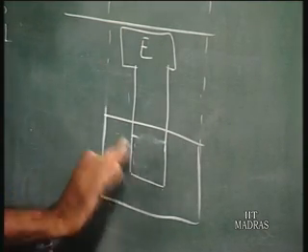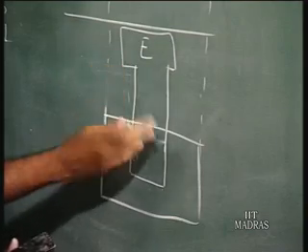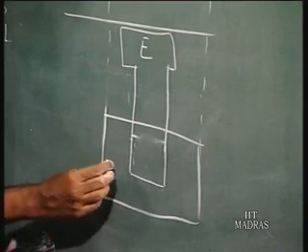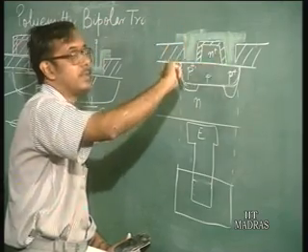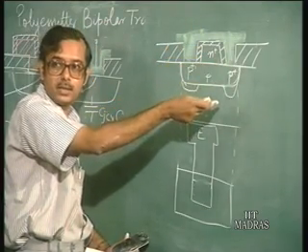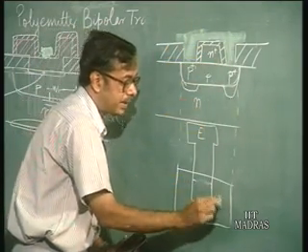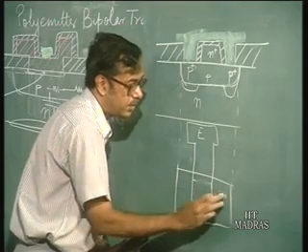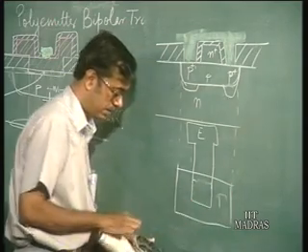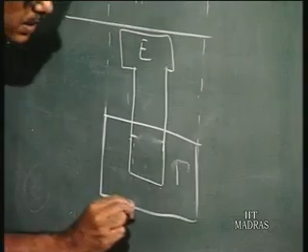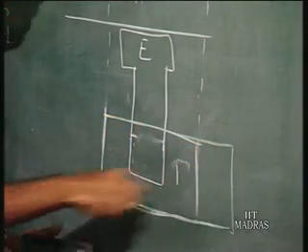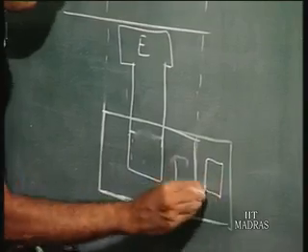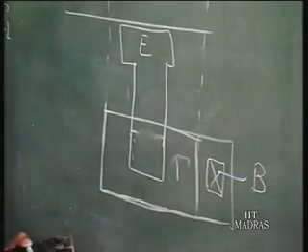All this emitter poly is covered with oxide. On top of that you have the base metal or polysilicon, and you can take a contact somewhere here, or you can take it out this way. This is the base metal, and you can even take it out and have a contact somewhere here.